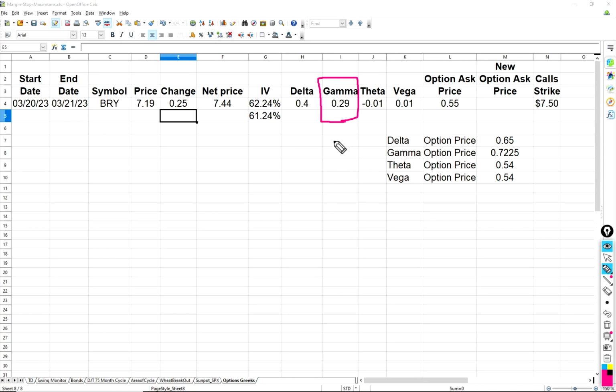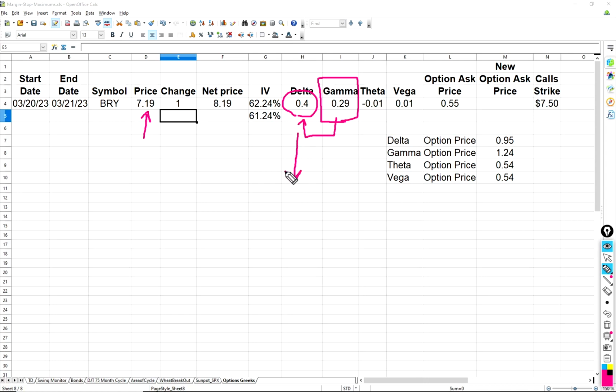Gamma says for every $1 that this stock price moves, let me put this back to $1 right here. For every $1 this stock price moves, we know that the delta is 40 cents, and we talked about that. But this gamma says if this moves $1, then delta itself is going to change by 29 cents.